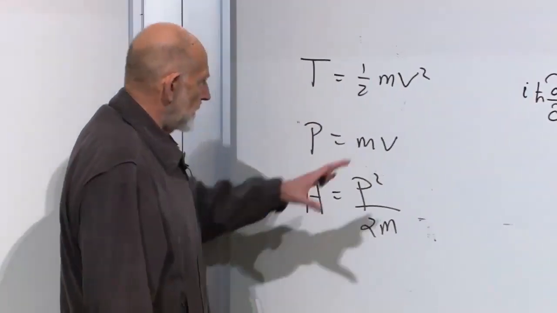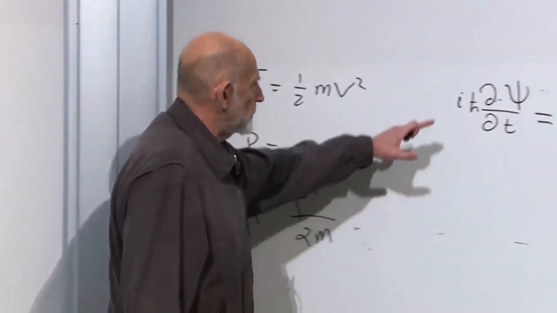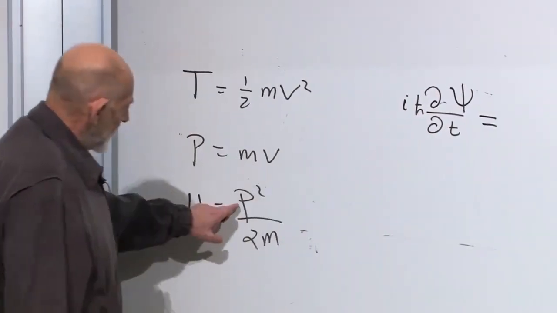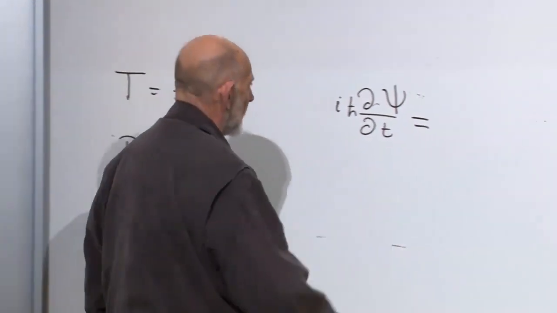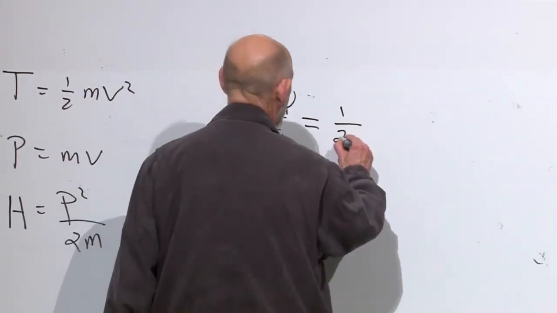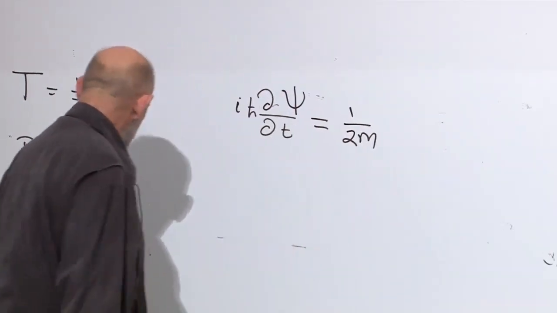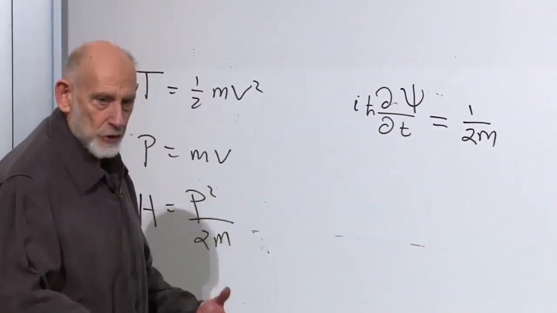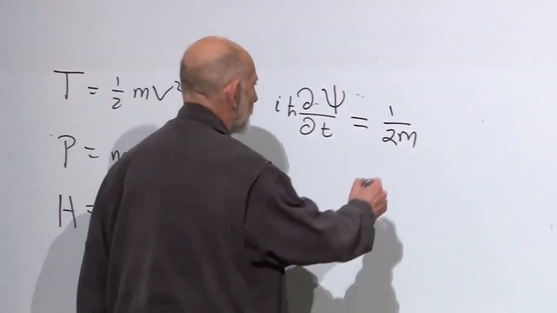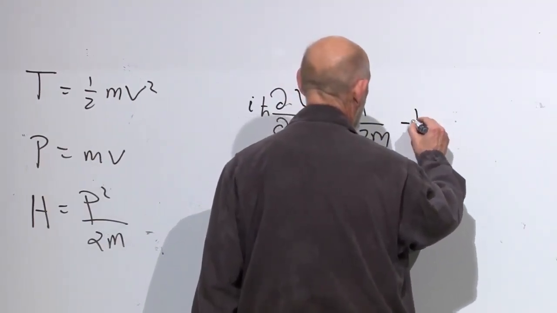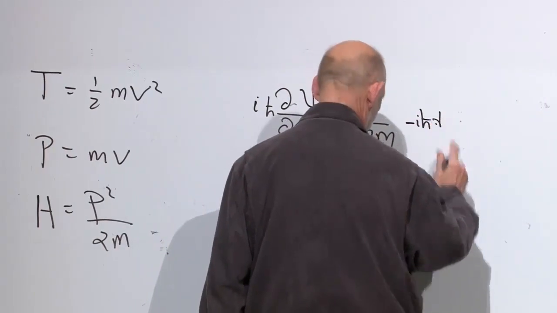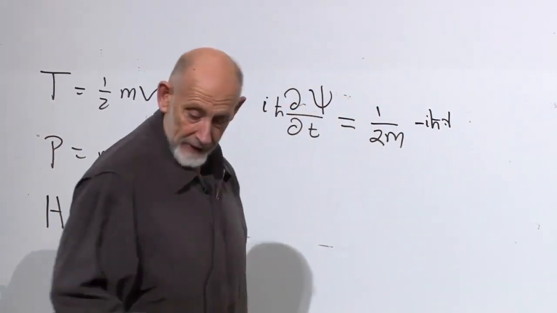And the right-hand side of the equation is just H acting on psi, but H is p squared over 2m. So let's write that. There's a 1 over 2m. And then what is p? Whatever p is, we have to square it. But let's write down what p is first. Minus i h bar, derivative with respect to x.